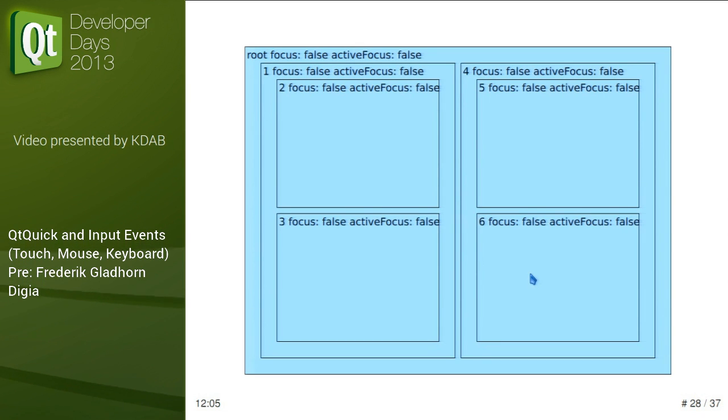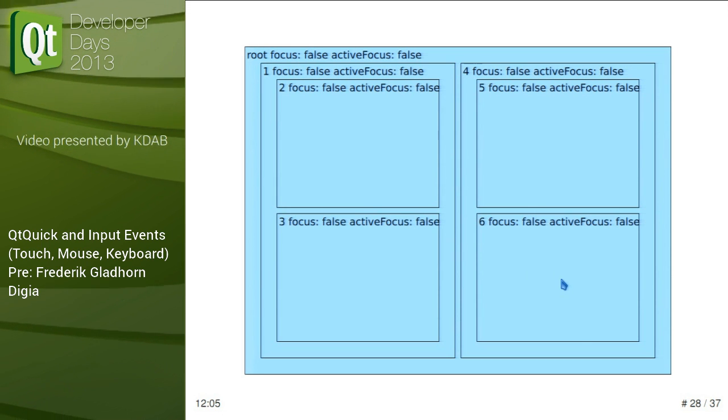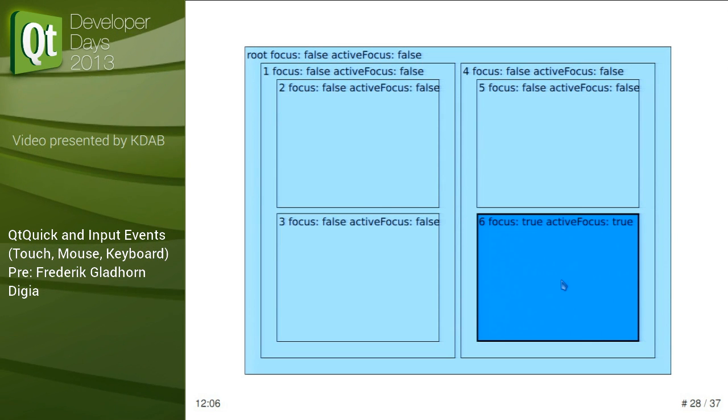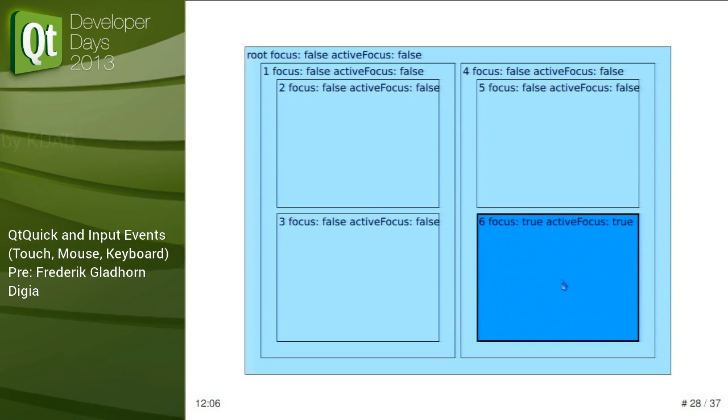And now I have an example here which has actually all the focuses set to false. And I have implemented it so that it has a mouse handler. If I press on any item, the mouse event will set focus to true.